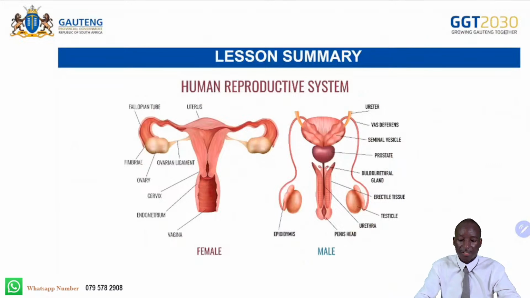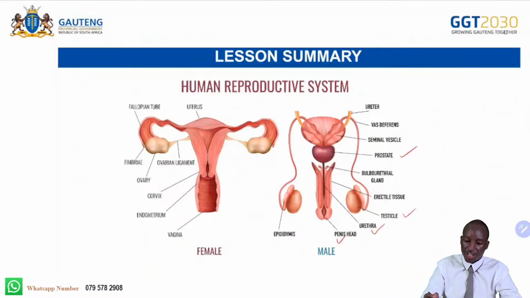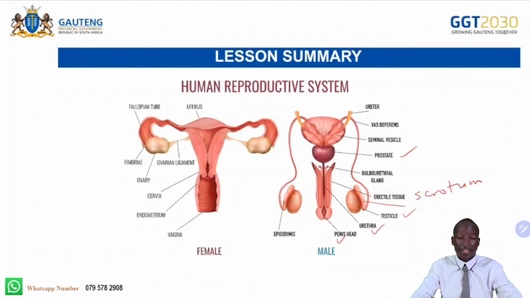Under the male reproductive system, we spoke about the penis, the urethra, the testicle, and also the prostate glands. If you check from the diagram again, we spoke about the scrotum. Those are the organs that we managed to discuss under the male reproductive organs.